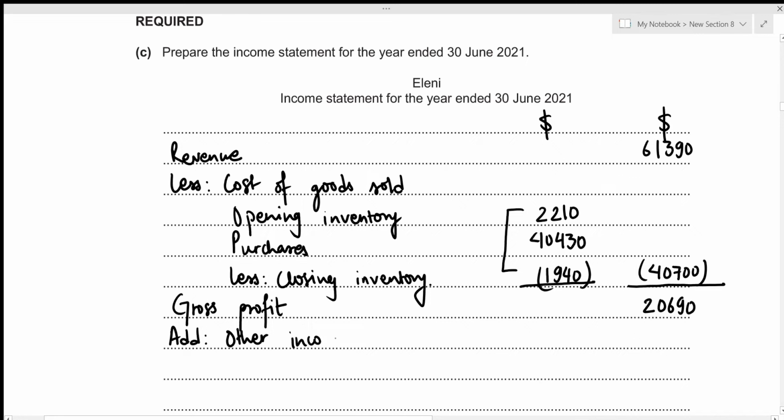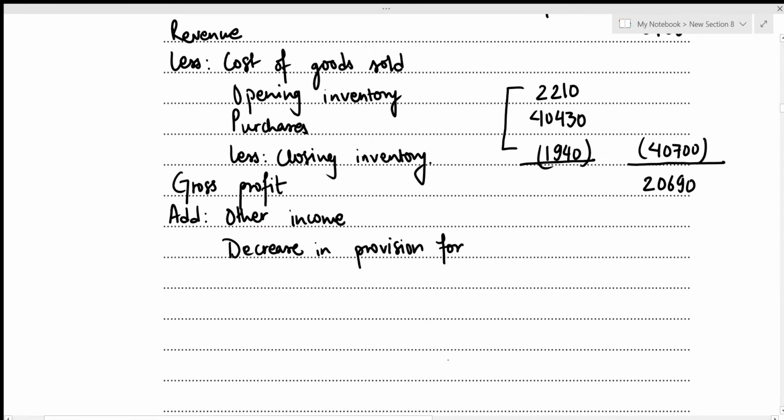So there are basically two incomes. One is the decrease in provision for doubtful debts. And the other one was profit in disposal of equipment.